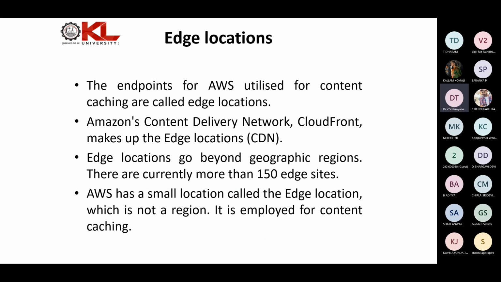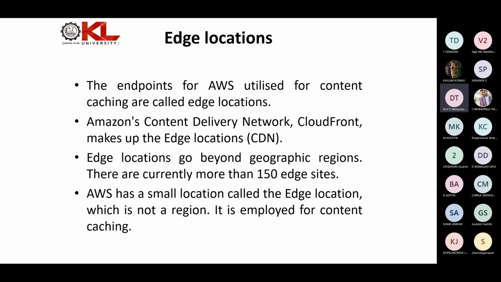And we discussed the edge location. The endpoints for AWS utilized for content caching are called edge locations. It is similar to parallel servers.